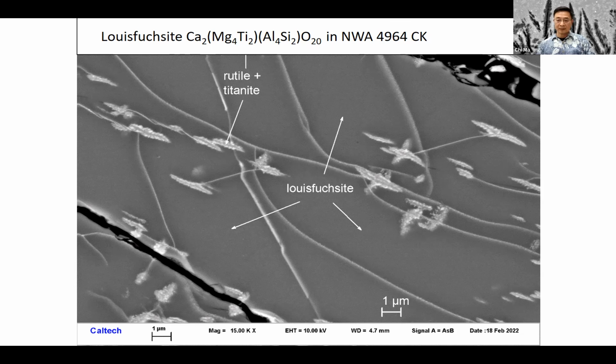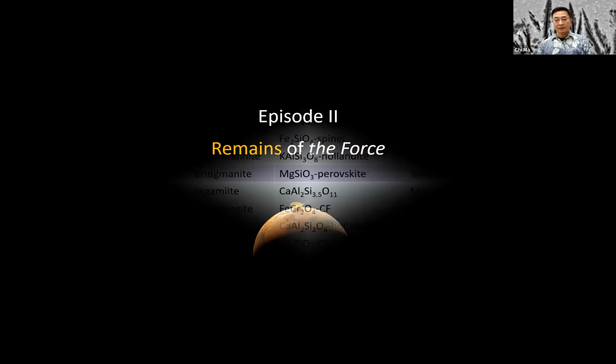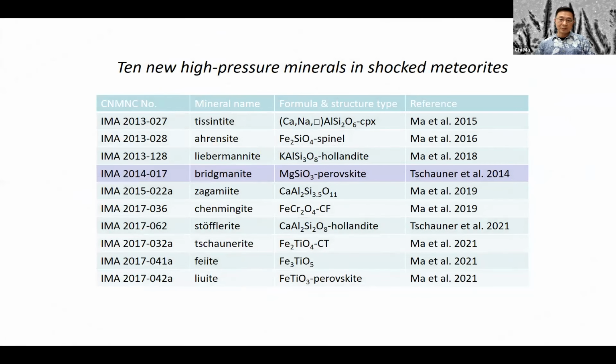All right, now let's move to episode 2, return of the force, or should I say remains of the force. We have discovered 10 new high pressure minerals in heavily shocked meteorites.